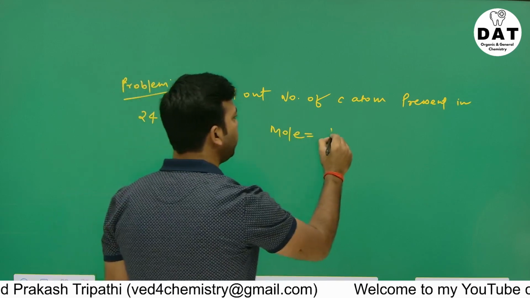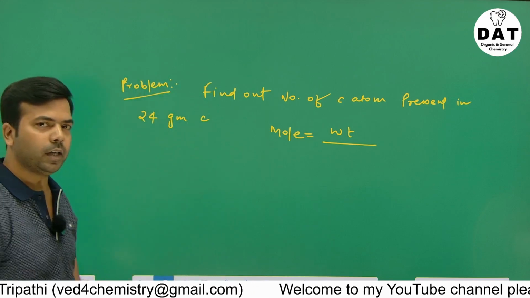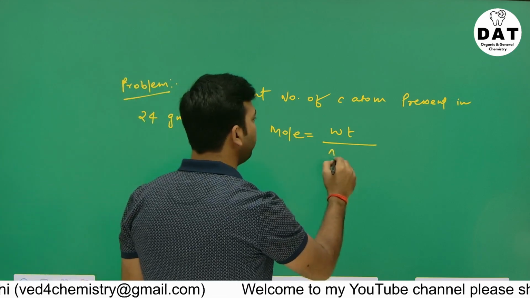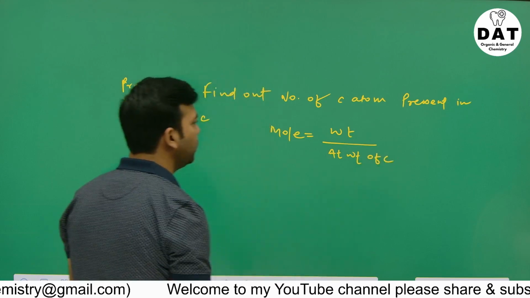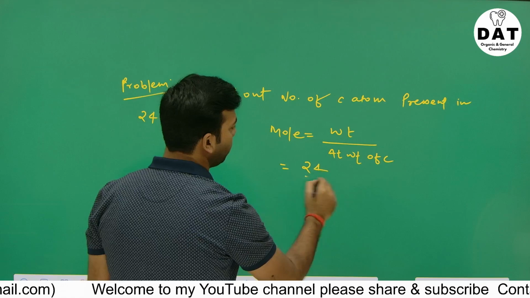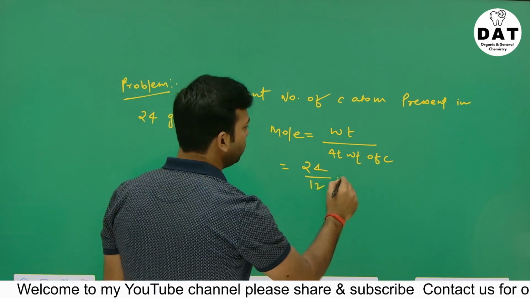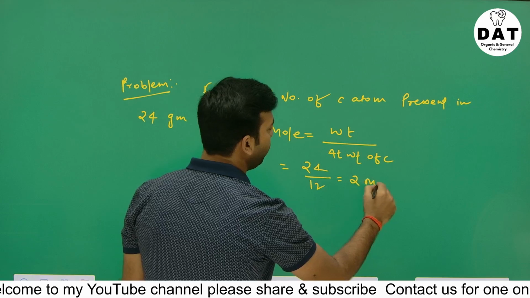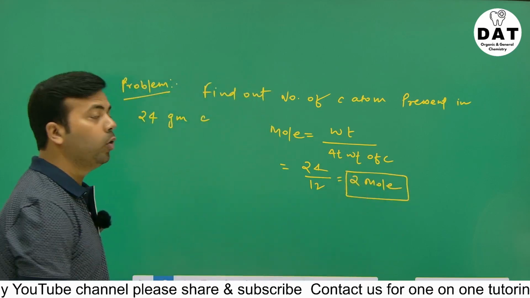Mole is weight upon molecular weight, and if you have just carbon, you can take its atomic weight. Clear? So what is the weight? 24. What is the atomic weight of carbon? 12. So this is 2 mole. How many mole? 2 mole. Clear? This is 2 mole of carbon.